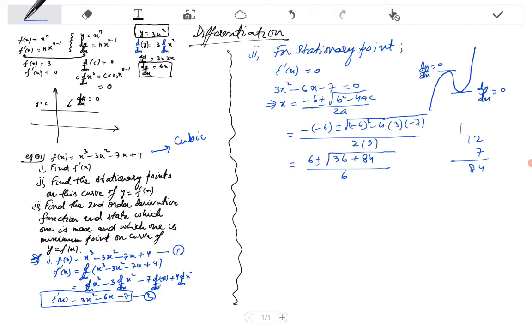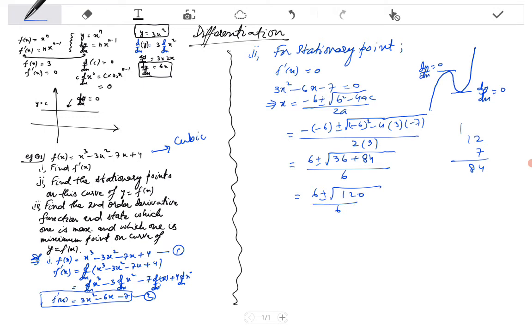Square root of 84 plus 36 is 120. So 6 plus minus under root 120 divided by 6.